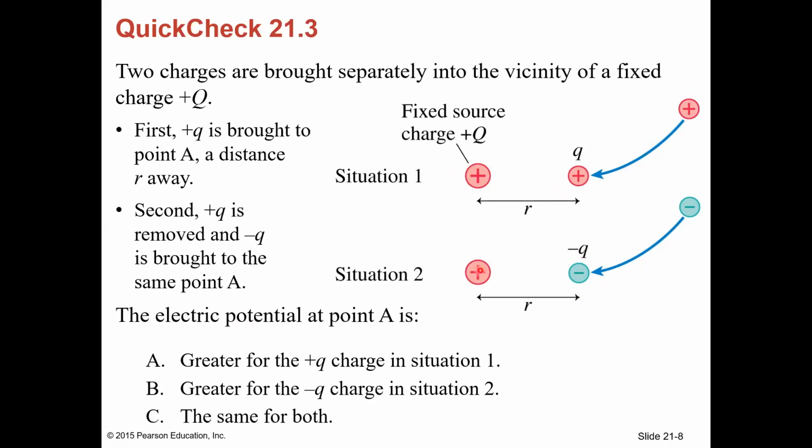We have the same source charge for both scenarios, and the same distance, r and r. So the voltage should not change, because it's independent of whether you put a positive Q there or a negative Q there. The only thing potential depends on is this source charge, so you get the same voltage for both scenarios.